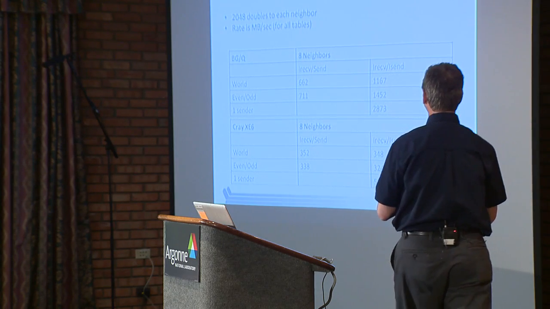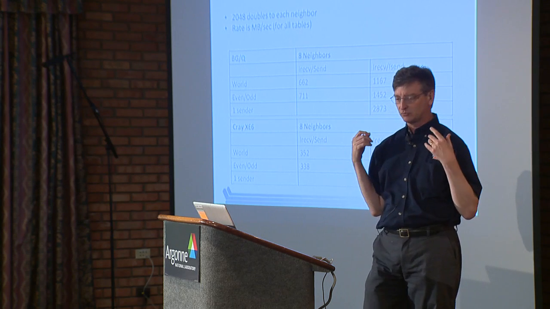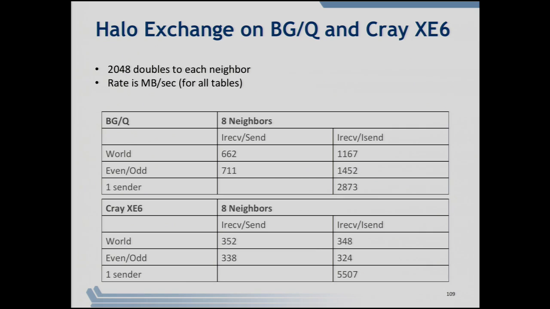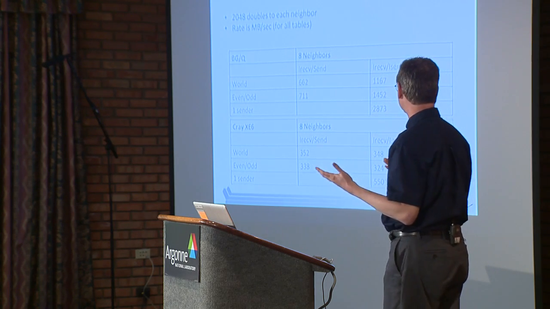So what was going on here is I did some measurements where instead of looking at the sort of artificial pattern, I said, well, why don't I just measure a halo exchange? And I'll remove all the other stuff out of it. So for example, this is sort of a mock halo exchange. There's no vector gathers and scatters. It only moves contiguous data. So I don't have any effects from the fact that some data might not be contiguous. I just want to look at how quickly can I move data to a bunch of neighbors and do it in different ways.